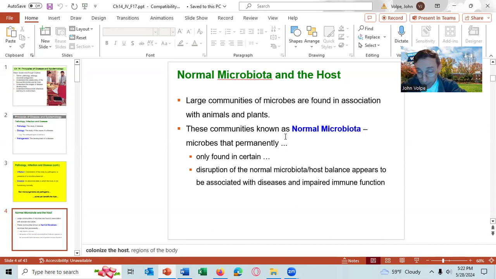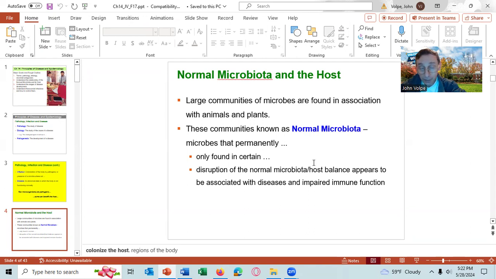And a lot of those normal microbiota die. Oftentimes, when people take antibiotics, they will either have diarrhea or they will become constipated. And that's because the normal microbiota host balance has been disrupted, and it'll have to reestablish itself.